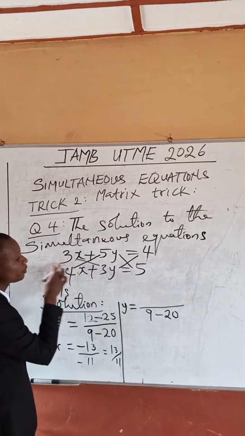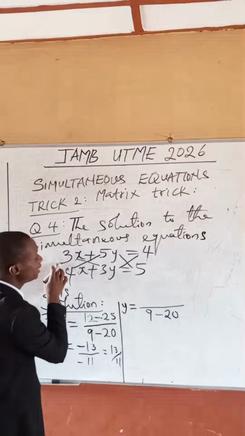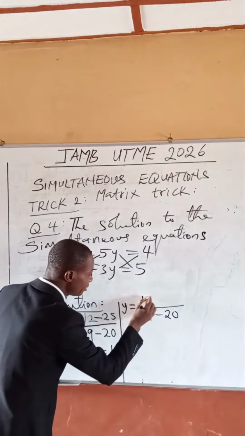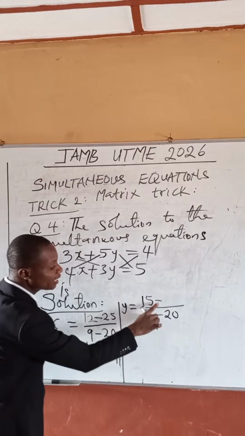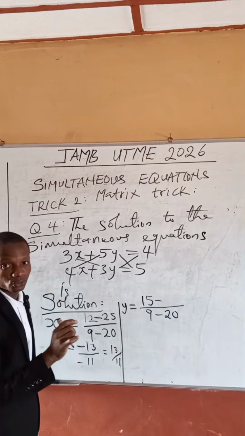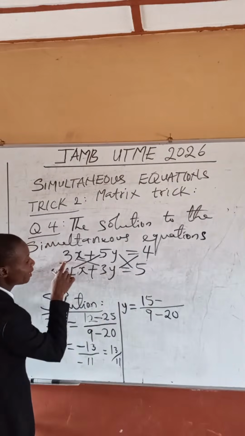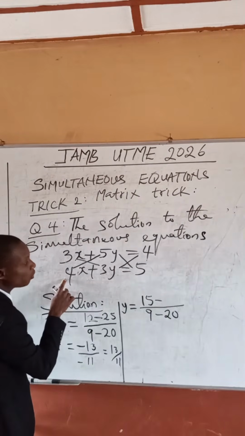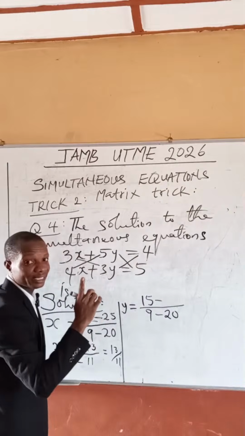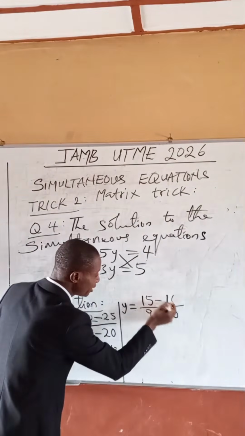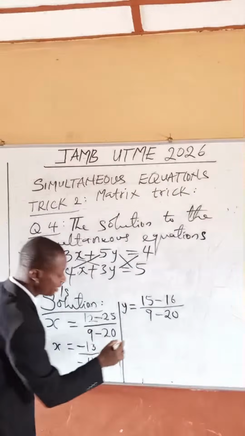So 5 times 3 is 15, right? Write it here. Then minus. This minus is matrix minus, determinant minus. That's what we have here. So we have done 5 times 3. Now let's go ahead and do 4 times 4. 16, right? Minus 16. That is how simple it is.